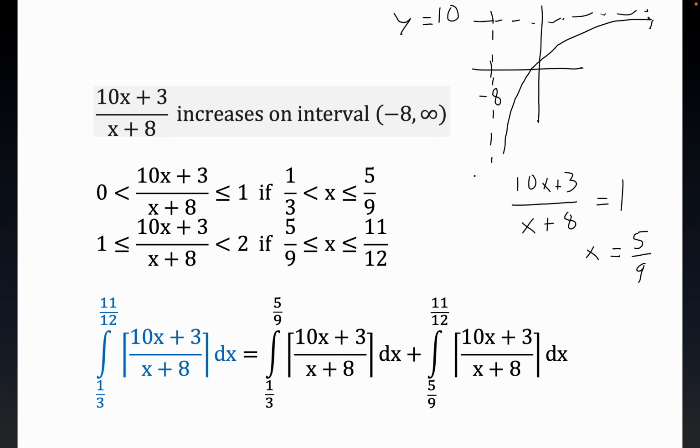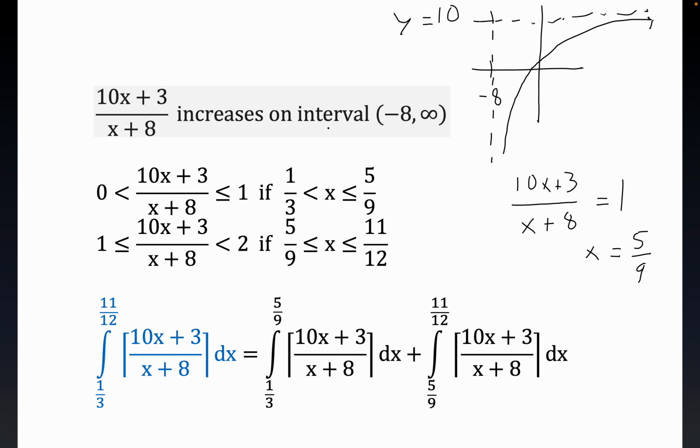And so that's why I did what I did right here. I set it equal to 1, we get x is equal to 5/9. And it's not hard to establish that the rational function is trapped between 0 and 1 if x is between 1/3 and 5/9. And notice that the fact that we know that this rational function is increasing is very useful right now. That's why I did this piece right up here.